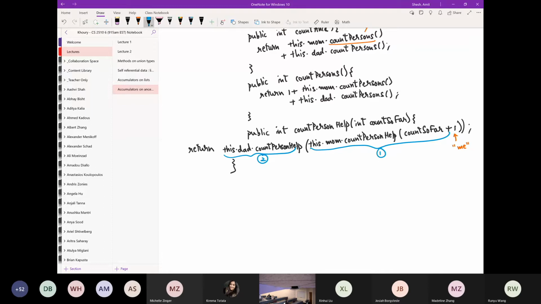You have to pay attention to what it represents. Okay? And then the updation is simply, how do I stay true to that definition? If the accumulator represents the number of persons I've seen thus far, all right, so when I call my mom, what is that number that my mom should see? When I call my dad, what is that number that my dad should see? Okay? So step one is very important because it leads you to step two.